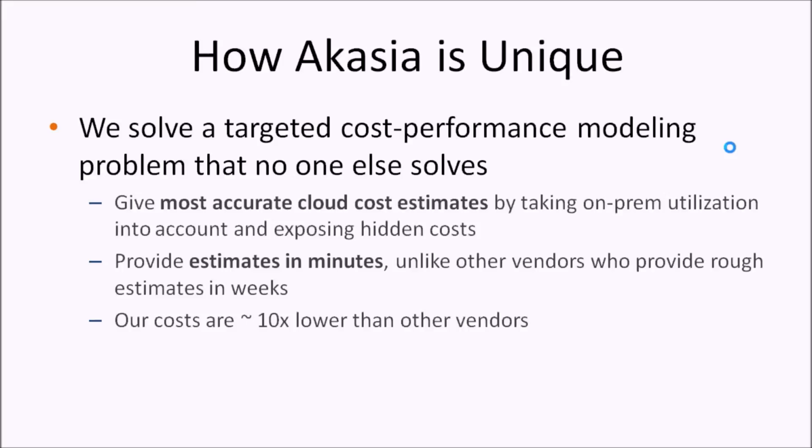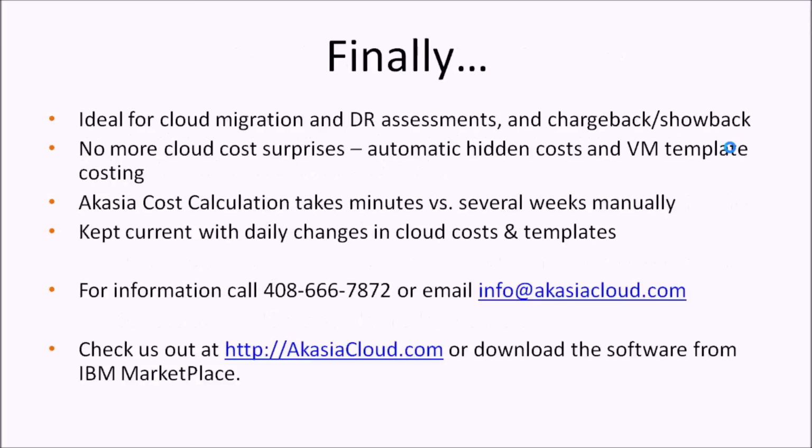We also provide these estimates in minutes, unlike other vendors who provide rough estimates in several weeks. Also, our costs are roughly 10 times lower than other vendors because we are a targeted solution. Finally, remember, Akasia is ideal for cloud migration and DR assessments, as well as for chargeback and showback.